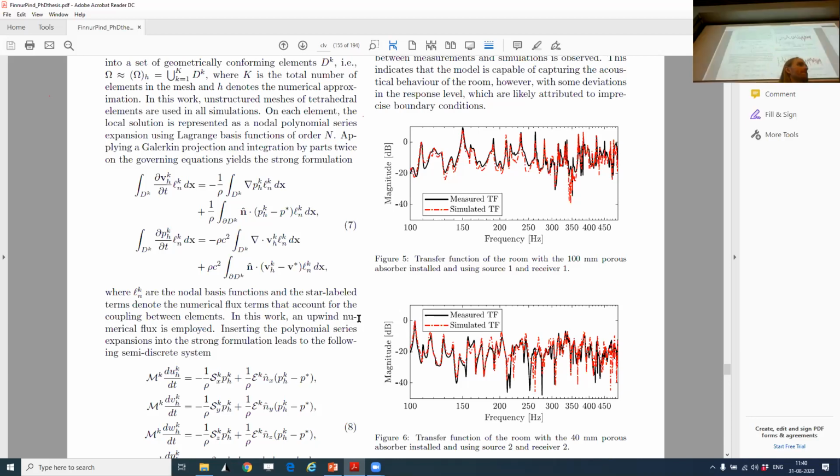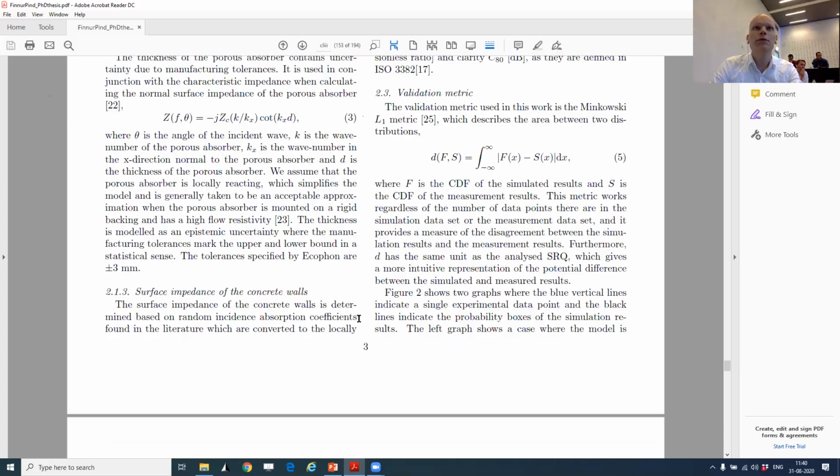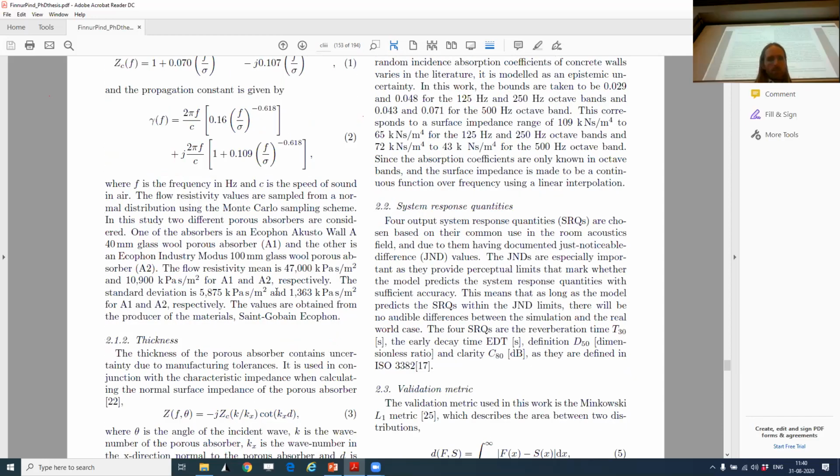Actually, you write on the flow resistivity you received for the two materials 5,875 kilopascal second per square meter. But my experience with measuring flow resistivity of samples of one panel is that if you take some samples of the panel and measure, for every sample you find a different flow resistivity with a quite significant deviation.